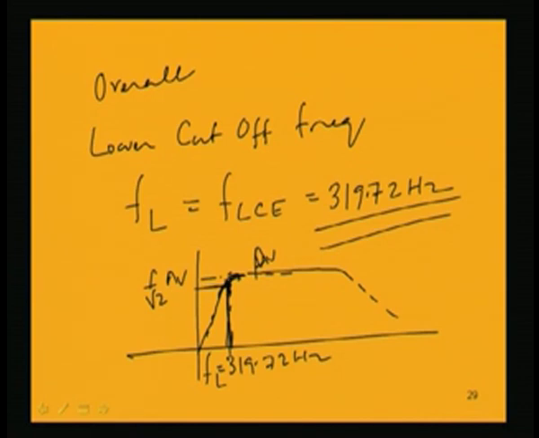Similarly, we can also find out in the high frequency region the upper cutoff frequency for the amplifier. Of course, then we will have to know what the junction capacitances are in the model of the transistor. So, this example just shows the way of calculating lower cutoff frequency.